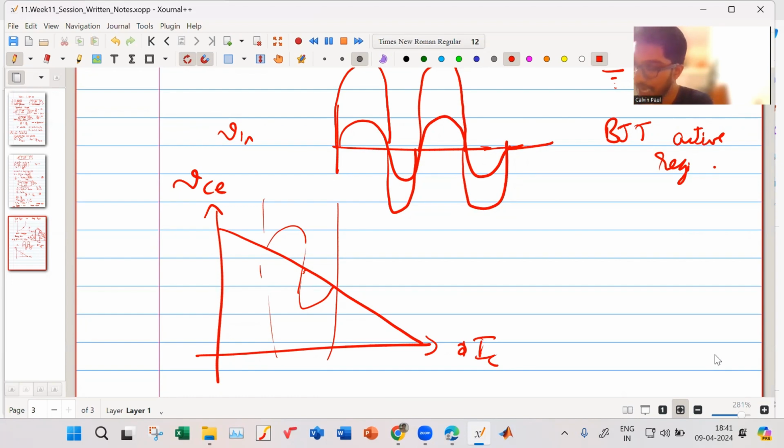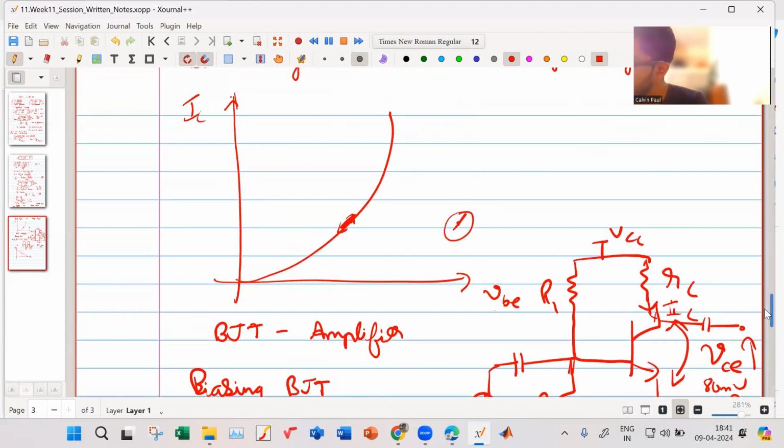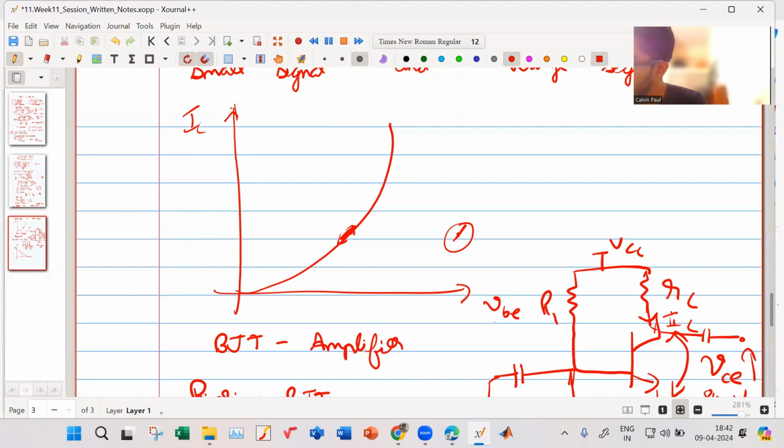You have this large region, but I'm particularly interested in this small region, and how it behaves in this small region is told by your small signal model, the small variation.